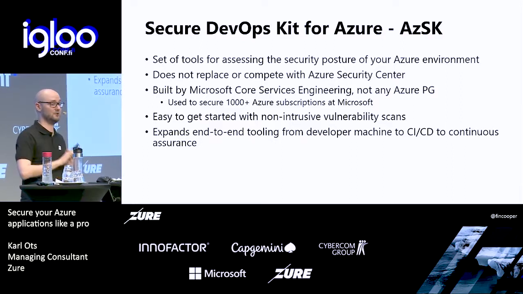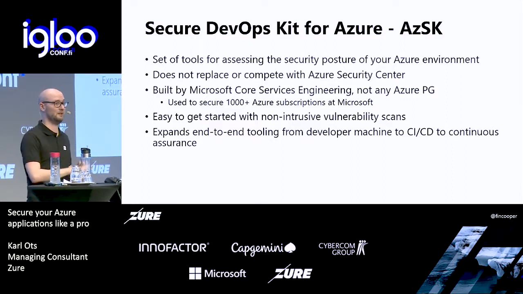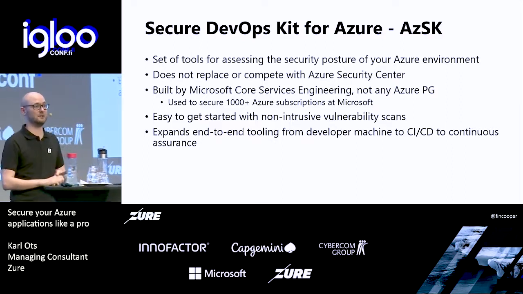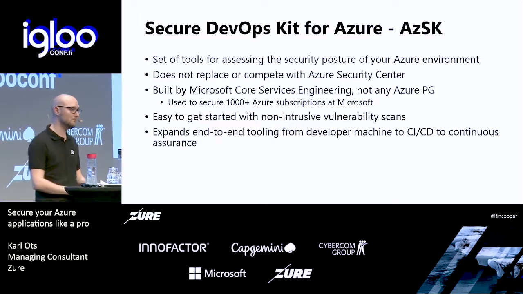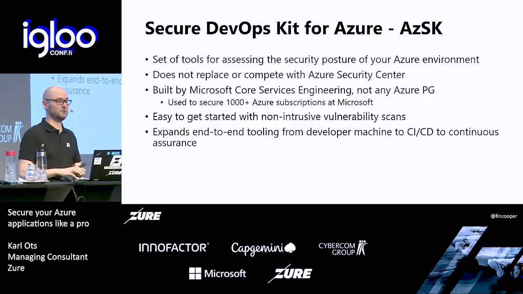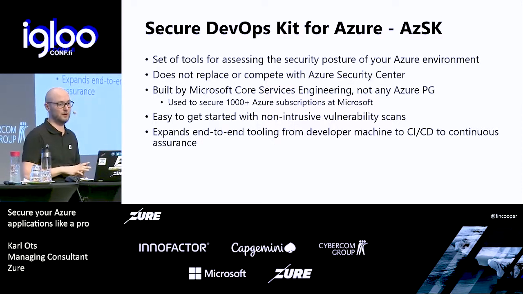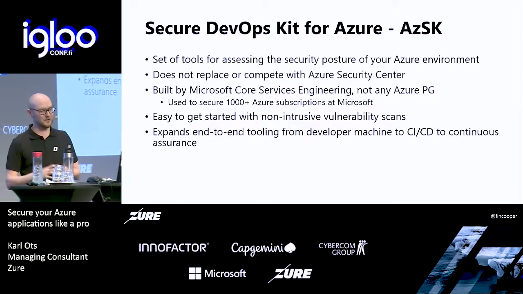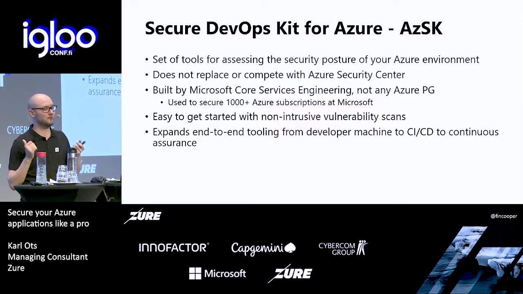Even with that, we had a ton of different vulnerabilities, a ton of different results that we needed to follow up on. And really, that's the start of it: cloud security is really, really hard, and we really need to know what we are doing and have an idea of how we are doing at the moment. So that's why Microsoft built something called Secure DevOps Kit for Azure, or AzSK.